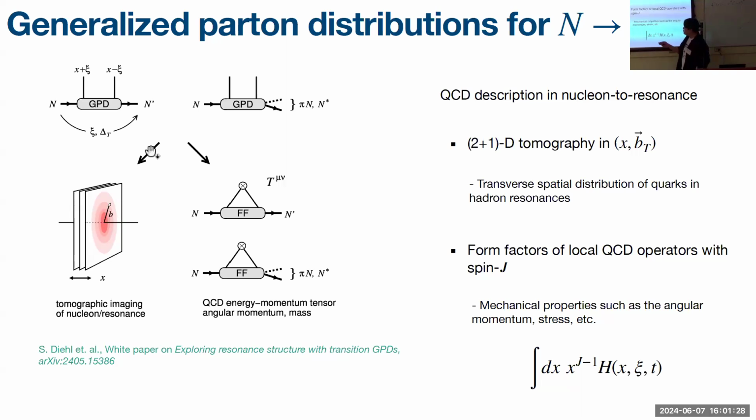So we access them through non-diagonal hard reactions where the transition from nucleon to the resonance occurs. In that case, we get access to the so-called transition GPD.